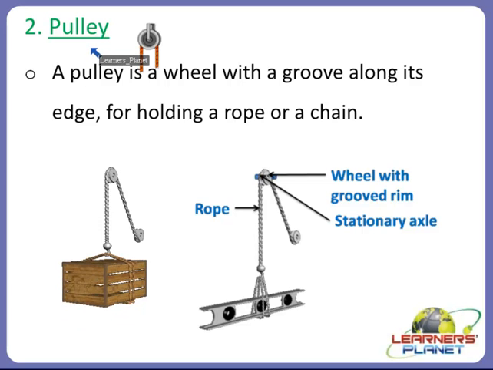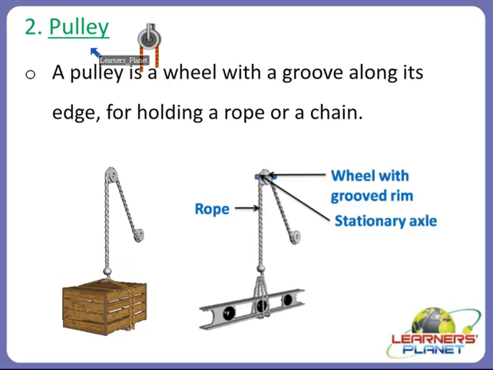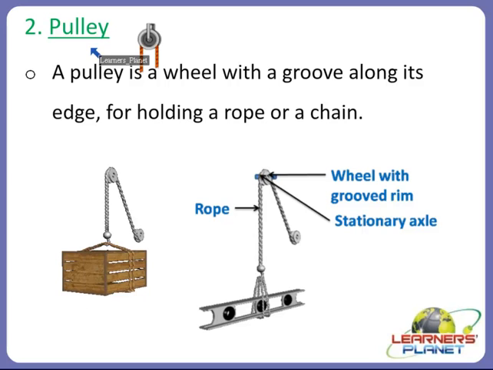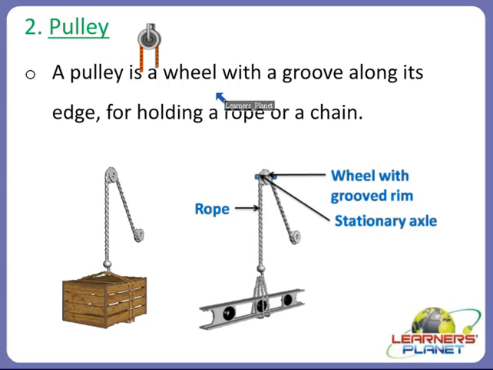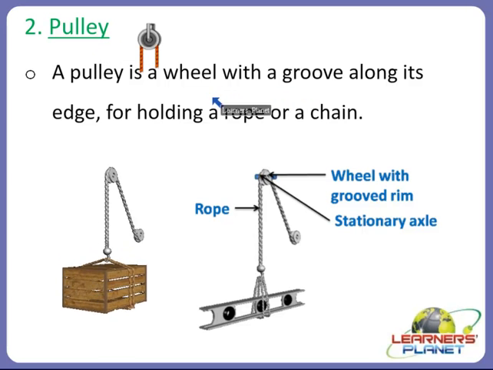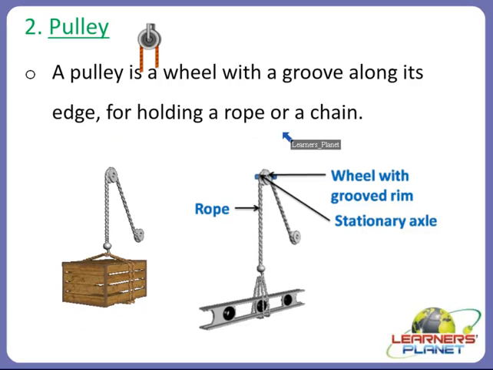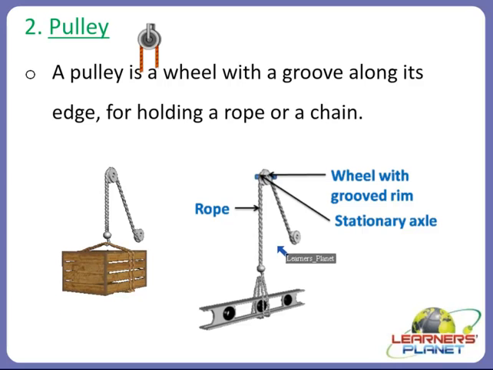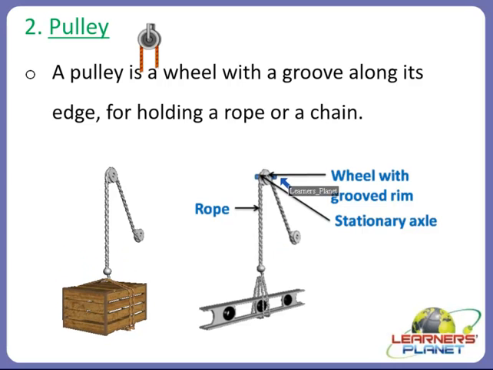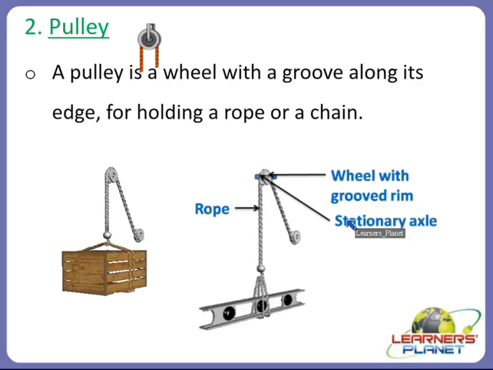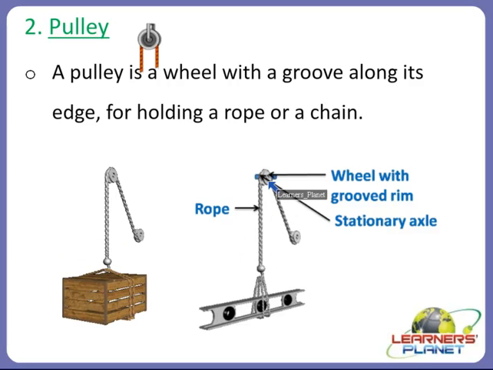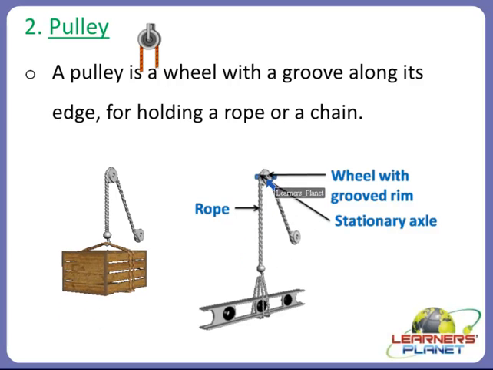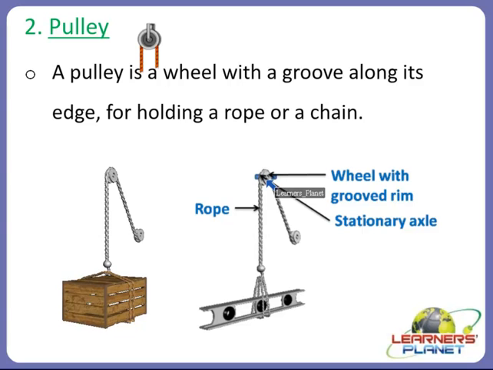Yes. So the first simple machine which we are going to discuss in today's session is the pulley. As you know, children, a pulley is a wheel with a groove along its edge for holding a rope or a chain. As you can see here in the picture, this is a wheel with a grooved rim. This is the rope, and to the wheel there is a stationary axle attached.